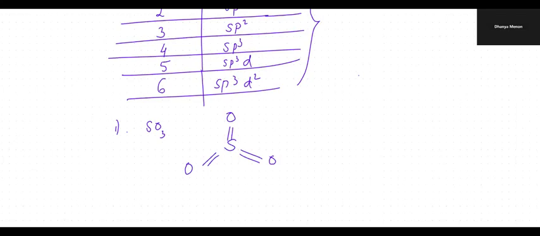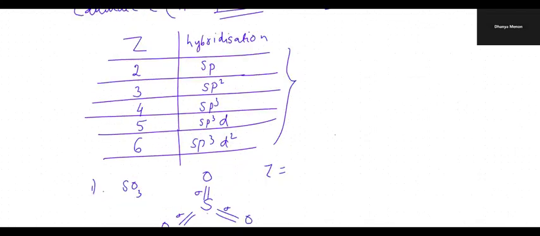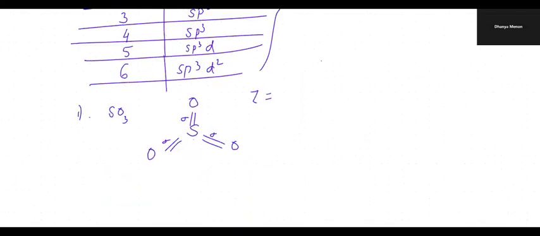If it's a double bond, one is a sigma bond, one is a pi bond. We don't need the pi bond here. There's a sigma bond here, and a sigma bond here. So let's calculate. S is the central atom. What is the formula of Z? It is the number of sigma bonds plus lone pairs of electrons. I don't have a lone pair here. I have 3 sigma bonds.